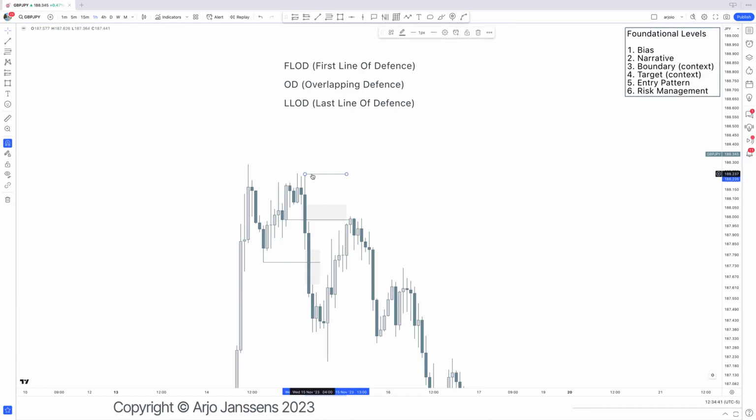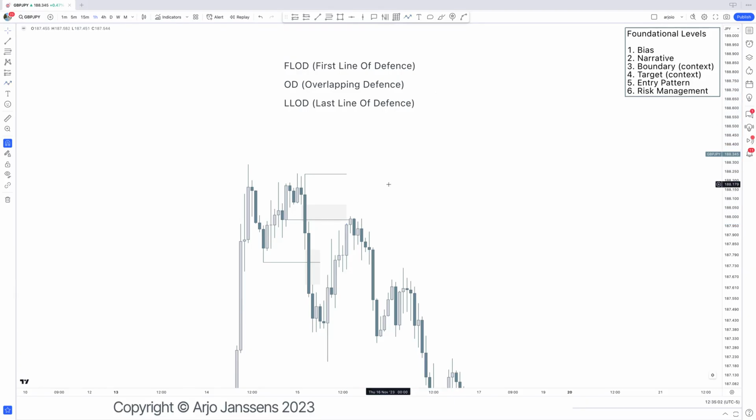Because this is the last premium array that can get swept, can get traded to, to then continue lower. It is the last line of defense. Because if that doesn't hold, then the whole order flow leg is invalidated and basically discarded, and we then can look to continue higher overall.